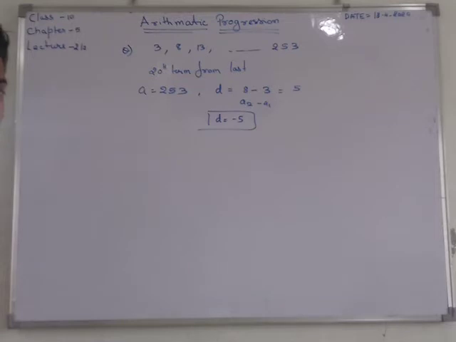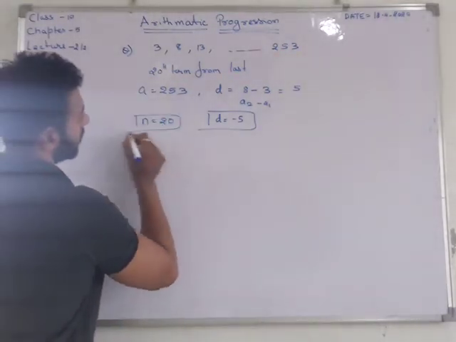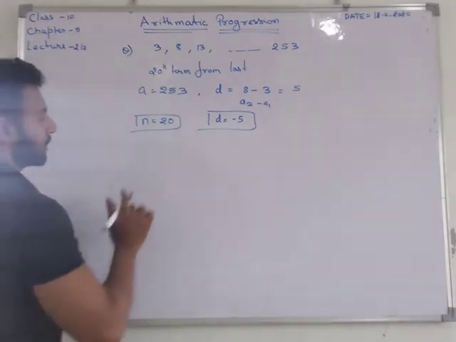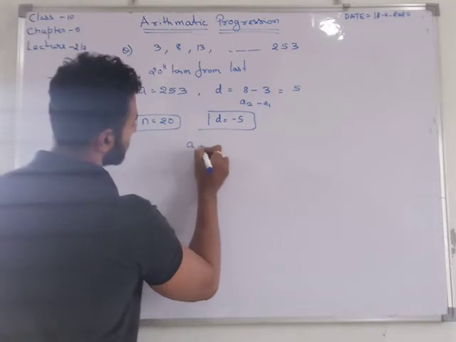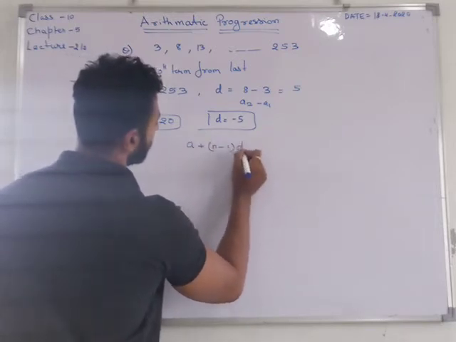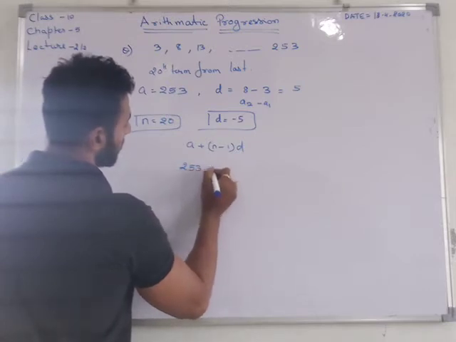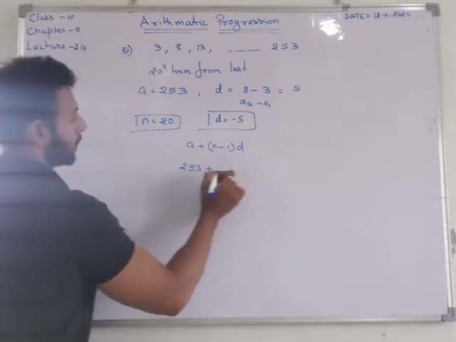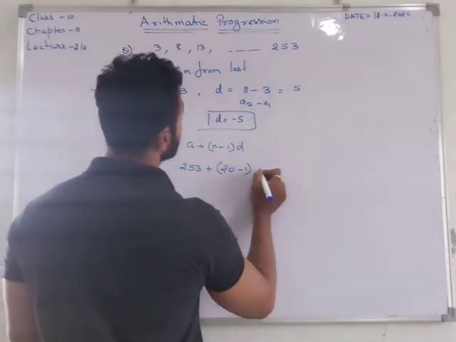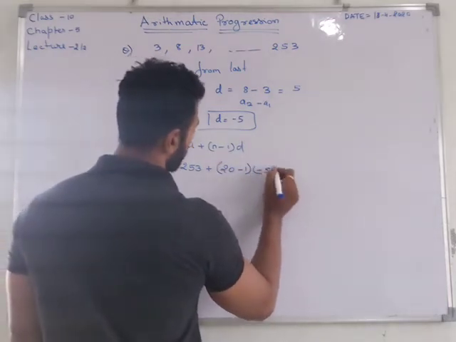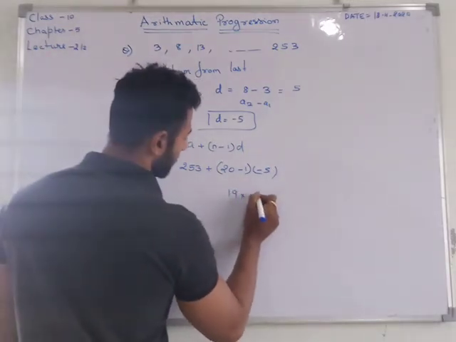Now we have to find out the 20th term, means n is equal to 20. Substituting the values, we will be getting a plus n minus 1 into d. A is 253 plus n is 20 minus 1 into d. D is minus 5. Solving this, we will be getting 253 plus 19 into minus 5.